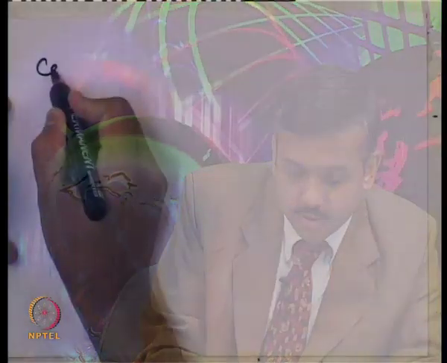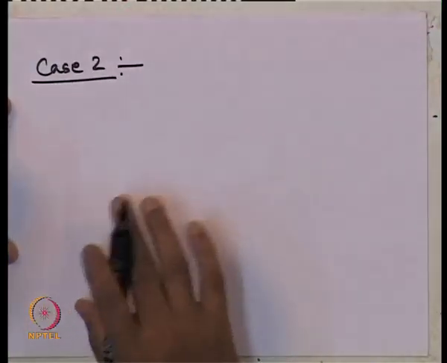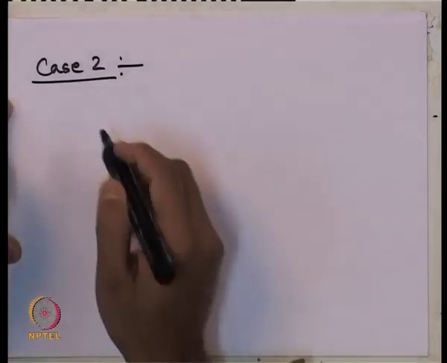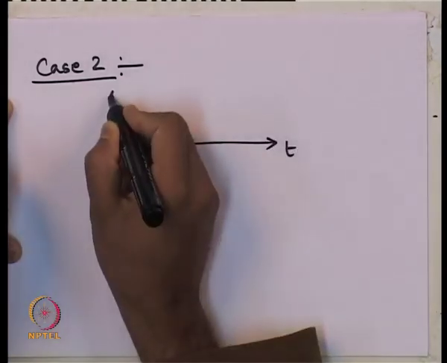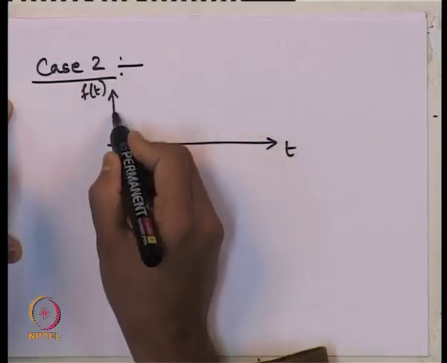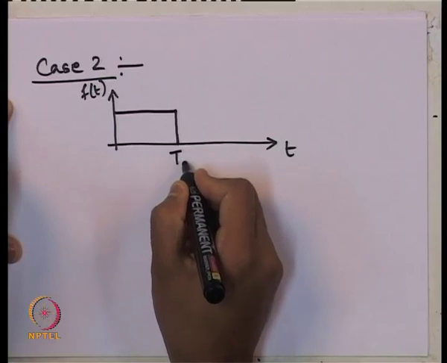Now, if we have a finite time duration applied load, we are now considering case 2. Case 1 was a constant load acting for infinite time. But in this case, the variation of our f of t is something like this, up to say T c.